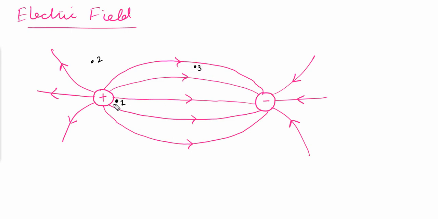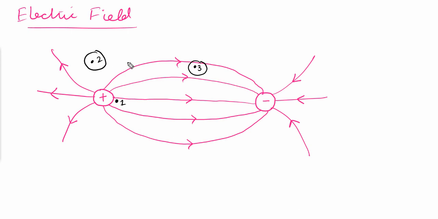If I place a positive charge at position 1, it will experience the maximum force of repulsion. At position 3, it will experience a moderate force of repulsion. But if I put a positive charge over here, it will experience the minimum force of repulsion.